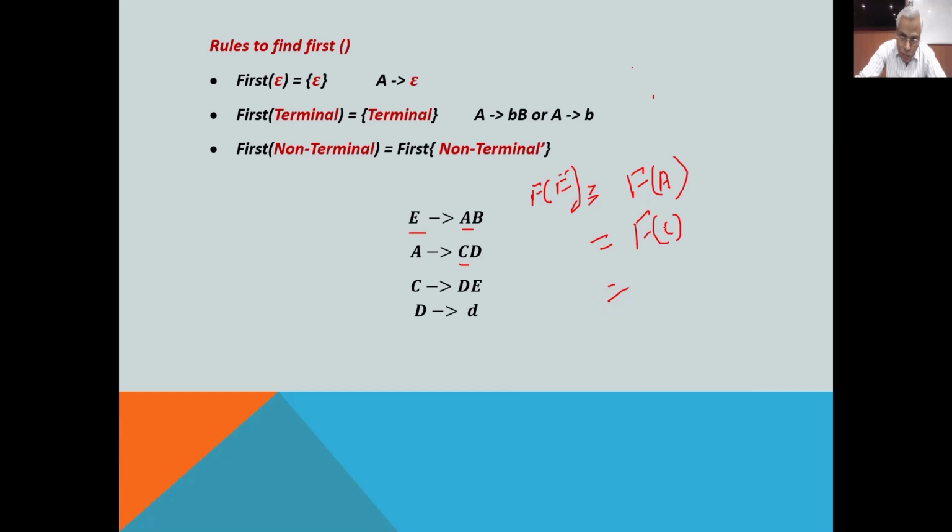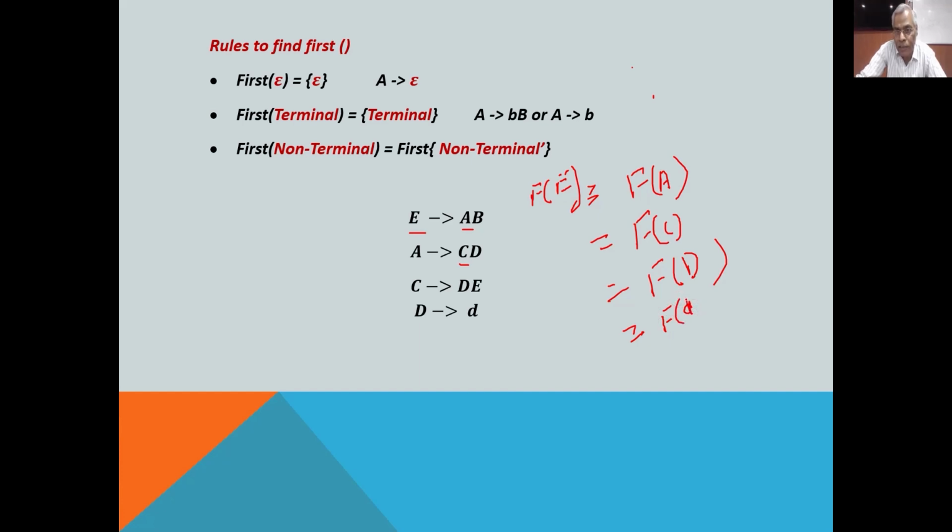So from this first of C, we apply it on the third production, first of C equals first of D, and first of D equals first of small d, which is a terminal.